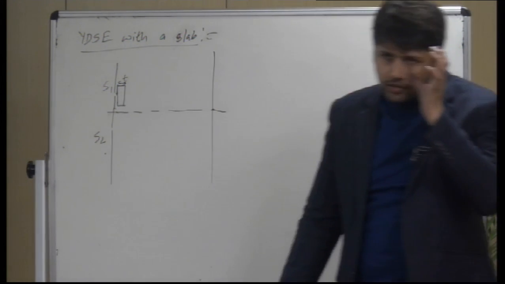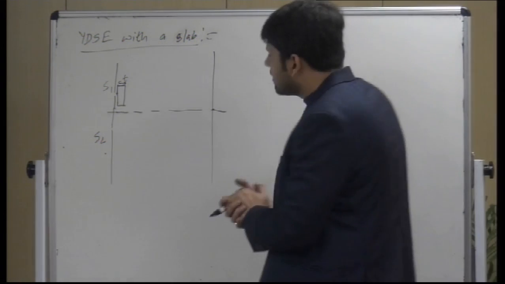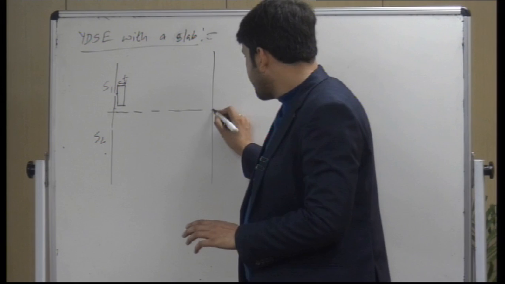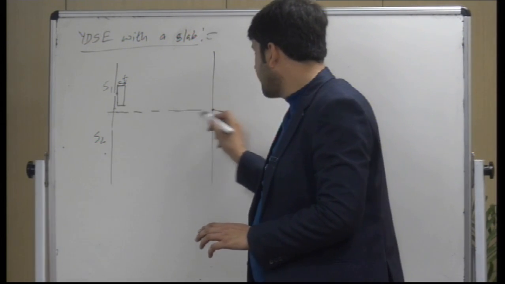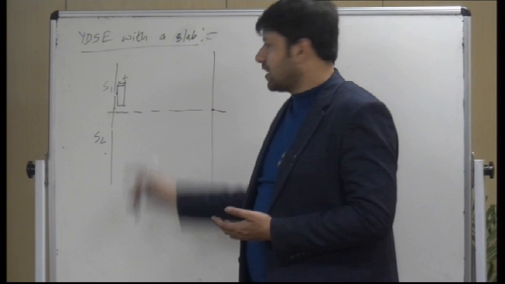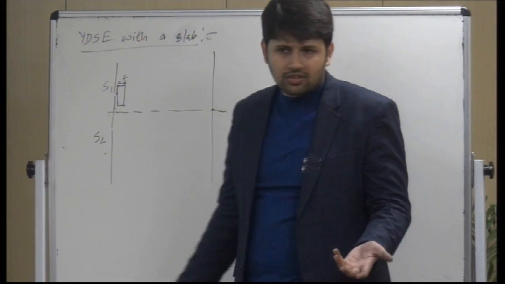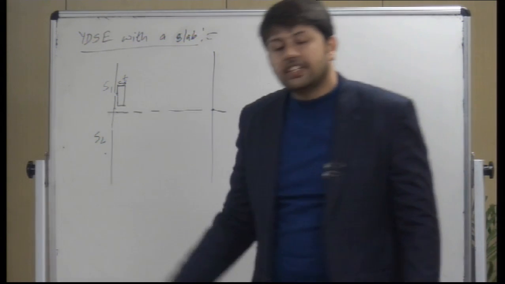So what happens now? Obviously at this point the two waves appear to travel the same amount of distance, but the wave from S1 is traveling a longer distance. You already know, the distance for this wave will increase.